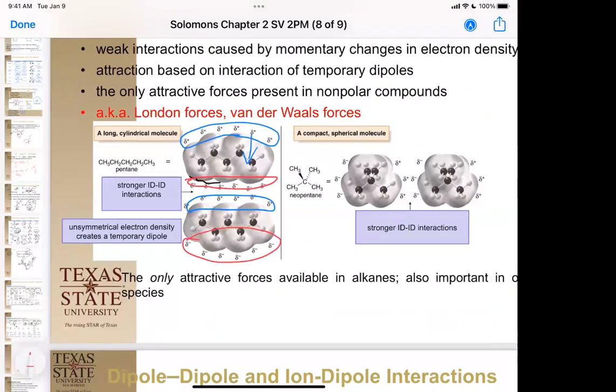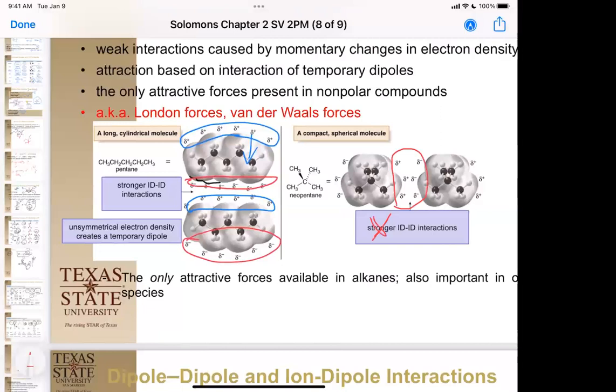Not because of its size. They're both 5 atoms. There's actually a weaker induced dipole interaction because there's fewer of them. It's a weaker induced dipole interaction, and therefore it has a lower melting point and boiling point.